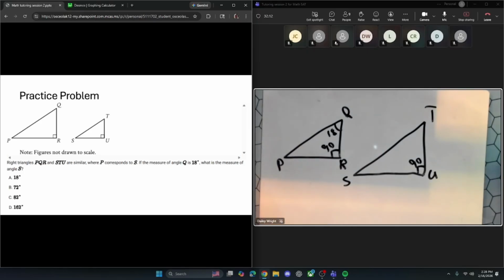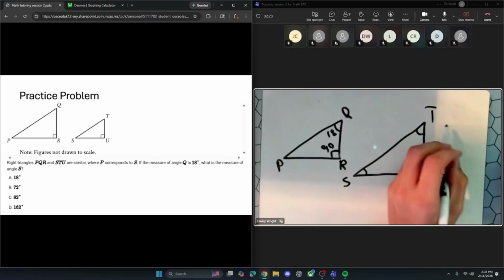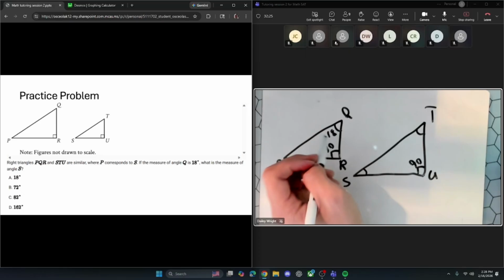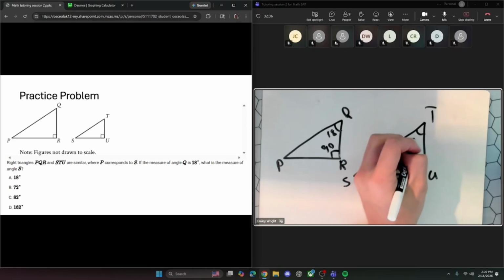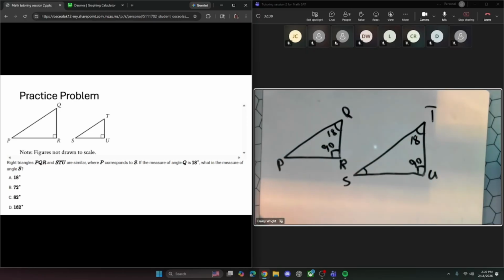It wants us to find an angle on STU, so we need to know two of the angles. Well, we know angle T should be equivalent to angle Q because these triangles are similar, and T will correspond to Q. So we know that this is going to be 18.